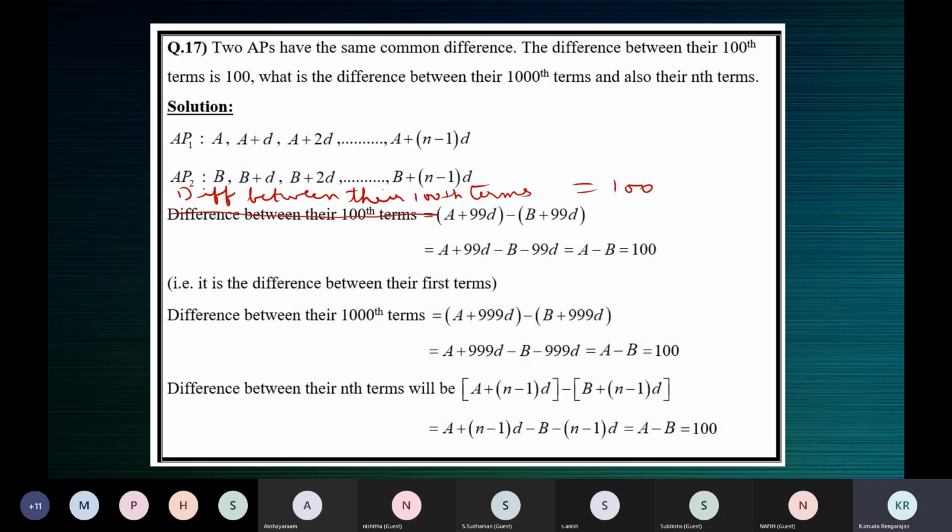Write down AP1 and AP2 from this slide, and then I'll take you to the earlier slide.